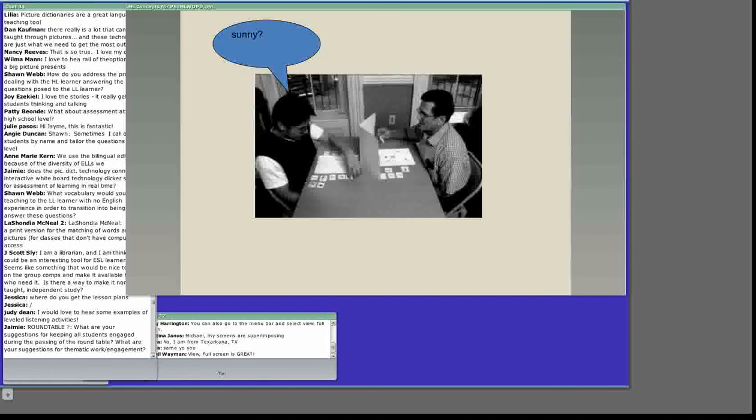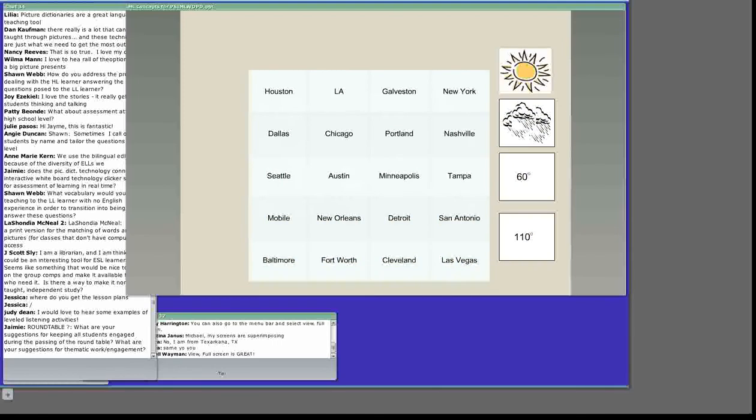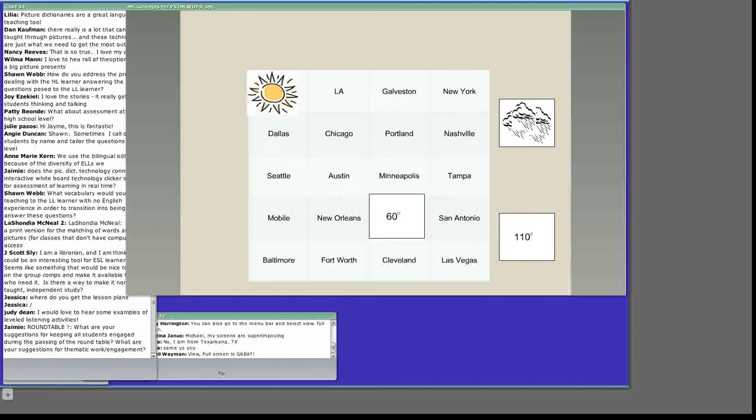And then this is what it looks like. This is what they're doing. So when Julio says sunny, Martine and Julio both put the sunny picture card on the grid. So if I were to say to you, "It's 60 degrees in Detroit," you would move that picture card onto Detroit. At the end, much like Battleship, we compare our grids to see if our communication task was successful.